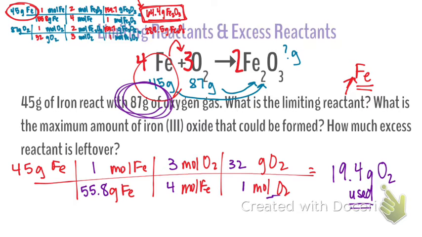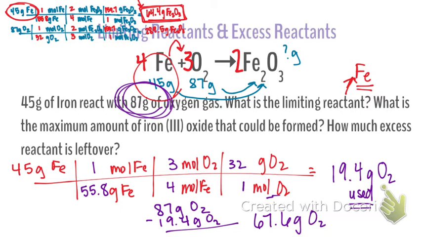What do you think? Subtract it. Yeah, I'm just going to subtract. I'm going to take what I had, 87 grams of O2, minus 19.4 grams of O2. And that's going to give me 67.6 grams of O2 left over.